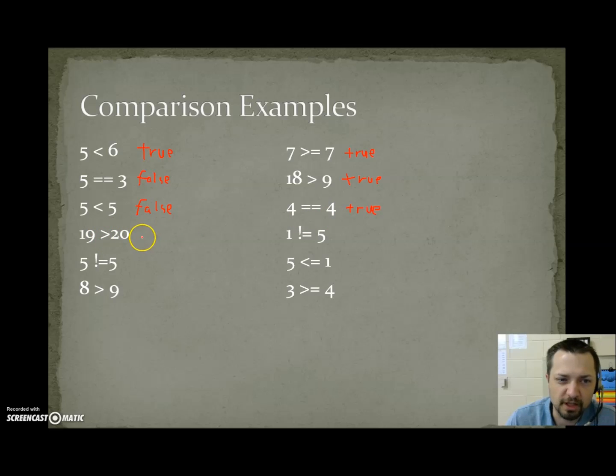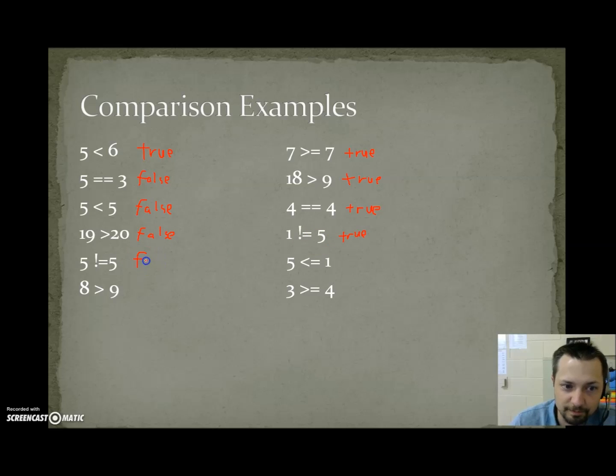4 equals 4. 4 is the value of 4, so yes, true. 19 is greater than 20. No, it's not. False. If that were less than, it would be true. 1 not equal to 5. That is true, they are different. 5 is not equal to 5.